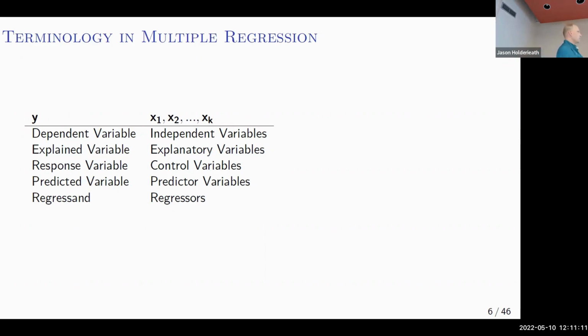The x's could be your independent variables, explanatory variables, control variables, predictor variables, or regressors. They're usually kind of paired: explained and explanatory, response and control, predicted and predictor, dependent and independent, and less so regressand and regressors. But they're just different terms for basically the same thing. Some of them make more sense in certain environments, depending on the nature of what you're doing.